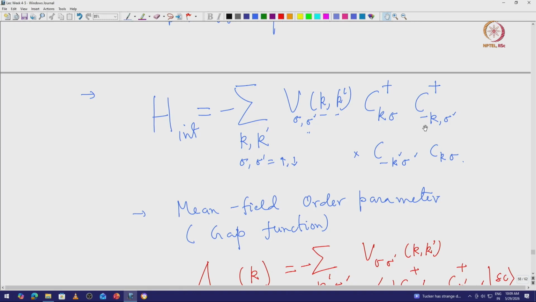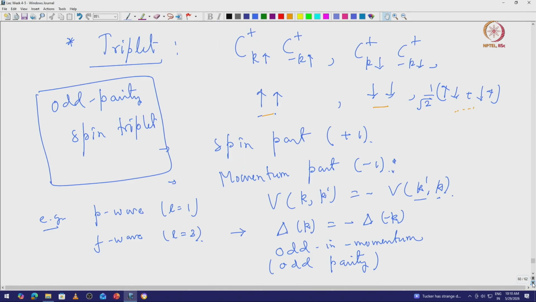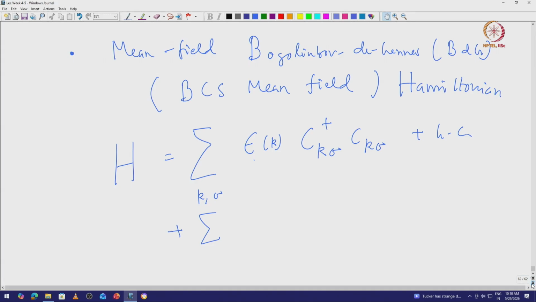So, this is kind of a pairing between two electrons, this is a pairing between two holes, and they have to come together. So, you do have a particle hole symmetry, which we will learn separately in the next chapter. Okay.